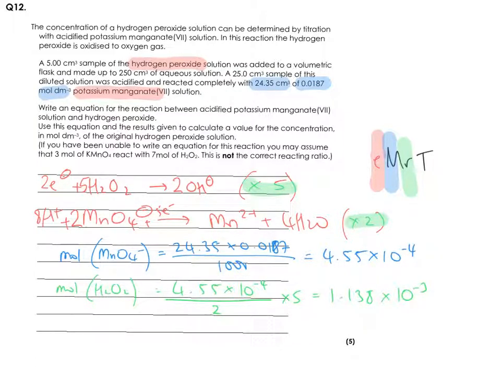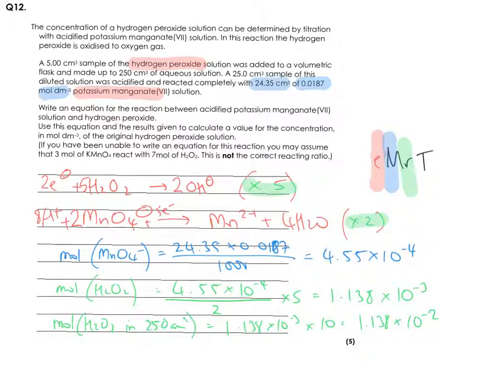Now, as ever, that was taken from a 250 centimetre cube sample, and 25 centimetre cube was taken from it. So number of moles of H2O2 in 250 centimetres cubed equals the 1.138 times 10 to the minus 3 times by 10, which equals 1.138 times 10 to the minus 2.